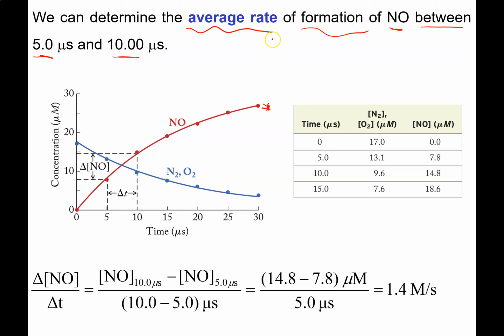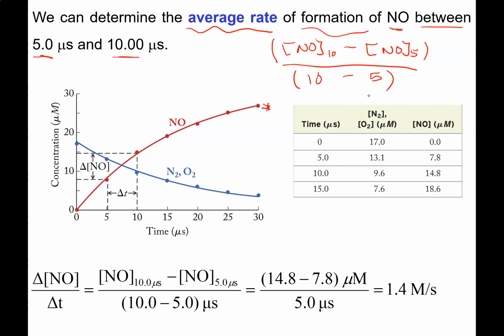So what we need is the concentration of NO at 10 microseconds, that's our final state, minus the concentration of NO at 5 microseconds, over our final time, which is 10 microseconds, minus our initial time.